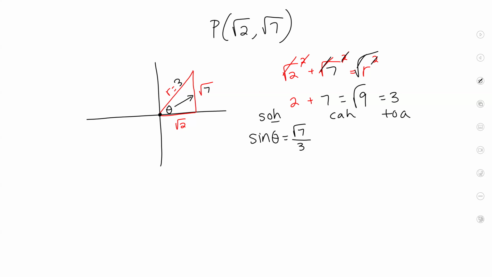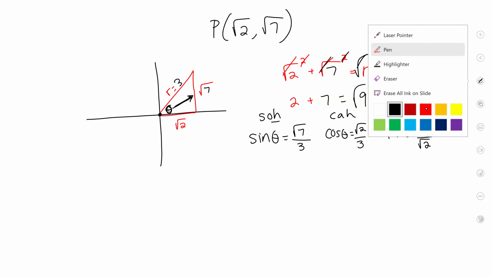And you're always doing it from the perspective of theta. So opposite of theta is the square root of 7 side. So I put that in the numerator. Next is cosine of theta, which is square root of 2 over 3. And tangent of theta is square root of 7 over the square root of 2.